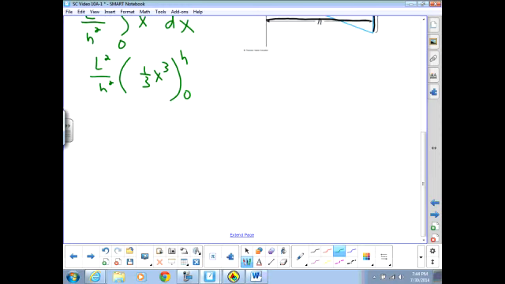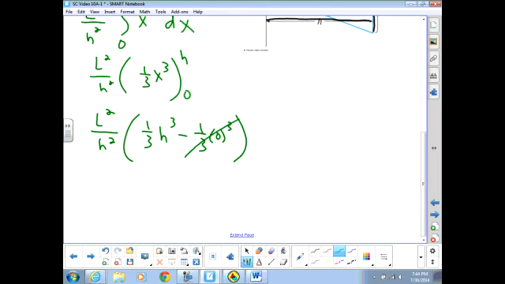So we'll have L squared over h squared times 1/3 h cubed minus 1/3 times 0 cubed. That wipes out, so we just have L squared over h squared times 1/3 h cubed. When we multiply that together, we'll get L squared h cubed over 3h squared.